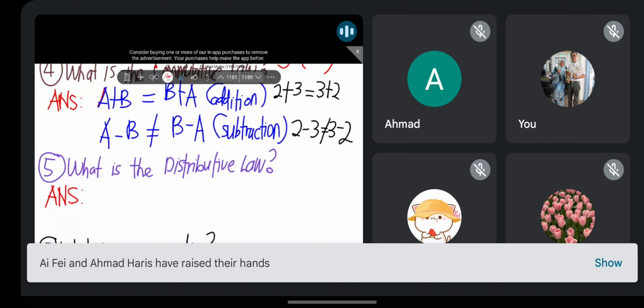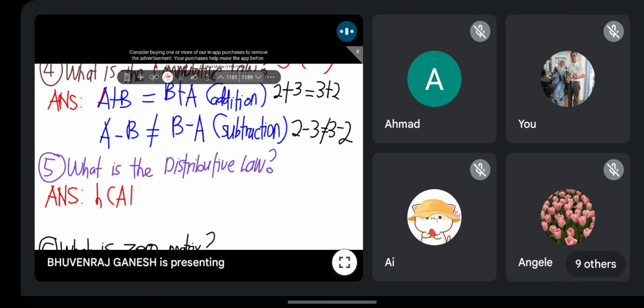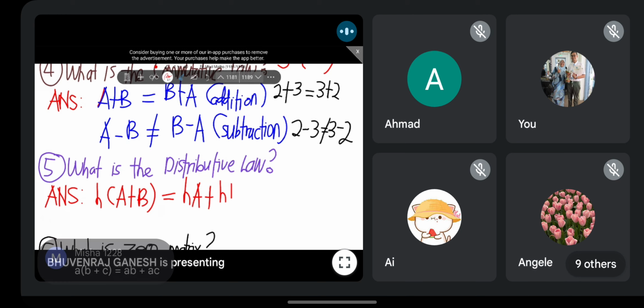So the distributive law, basically what it says is this: a(b + c) is equal to ab + ac. I think this is common sense, right guys? Exactly the same like that.